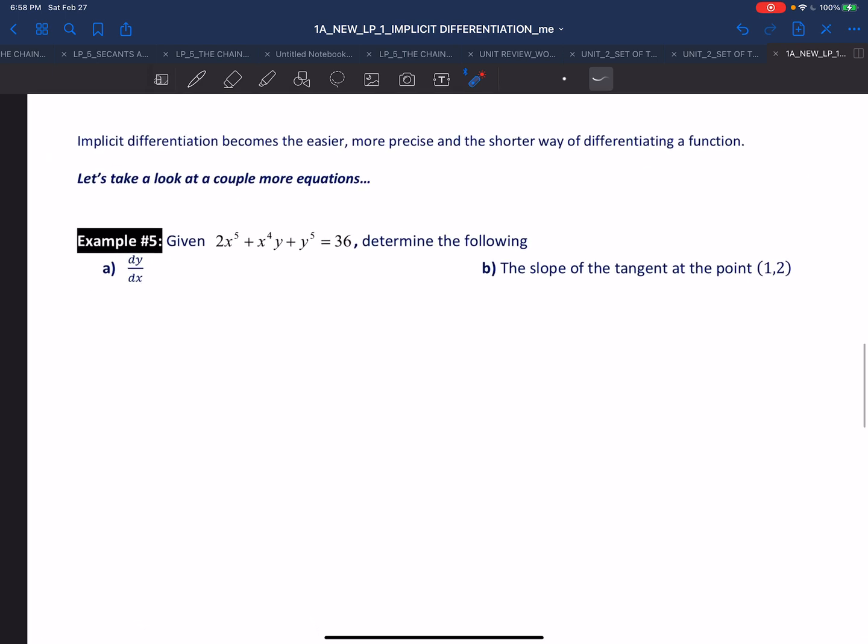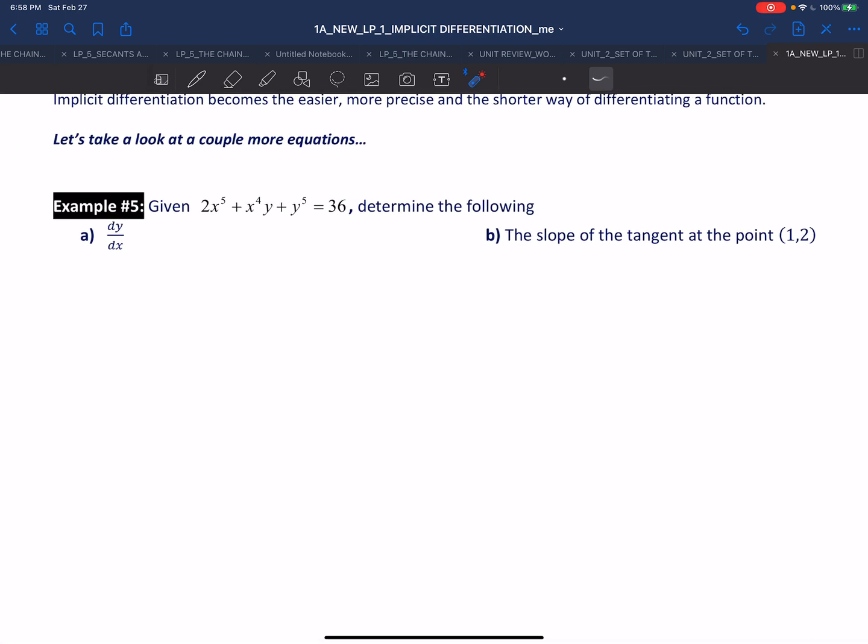So, the next example I chose was 2x to the power of 5 plus x to the 4 y plus y to the 5 equals 36. You can tell that it is quite difficult to solve for y in this equation or express it in explicit form. So we have no way but differentiate it implicitly. So this is what we're going to do.